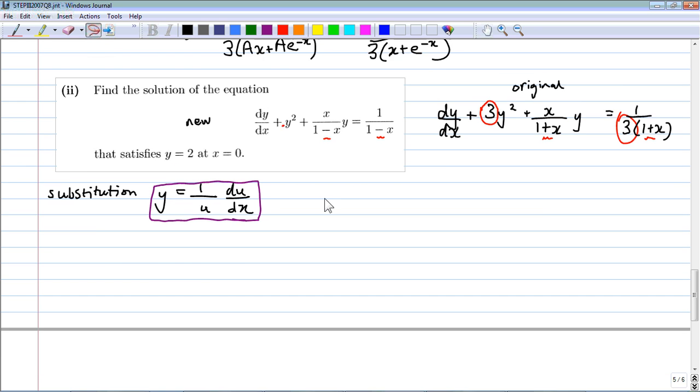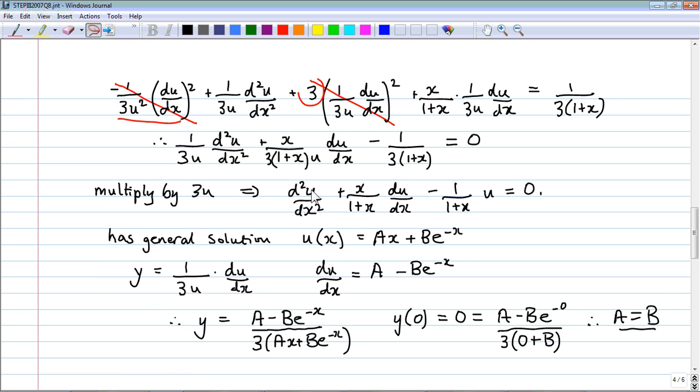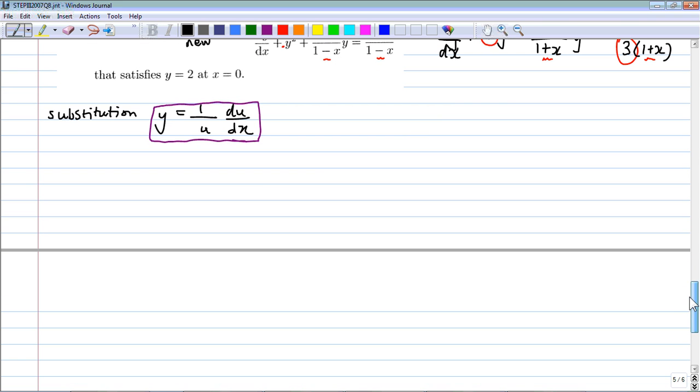And if you wanted to, you could just scan back with your eyes over your previous working, and you could see, well, look, when I did my substitution process before, if there's no 3, that 3 is going to disappear, that 3 is going to disappear, that 3 and 3 is going to disappear. So you can see that the 3 was there in the substitution to take account of that 3. So we're not going to need it. So let's try and do it without that 3.